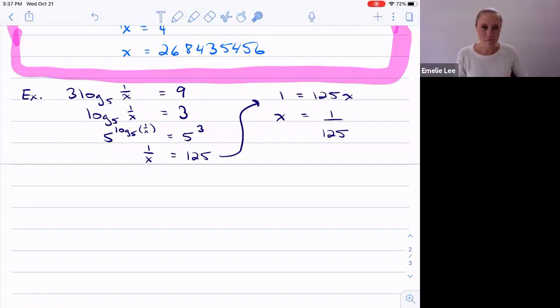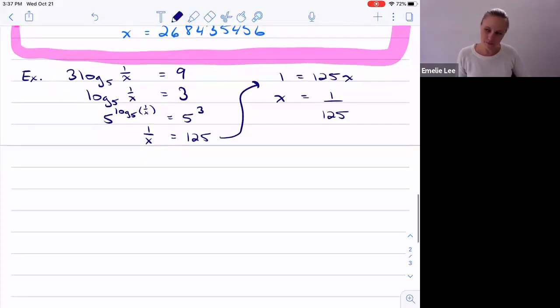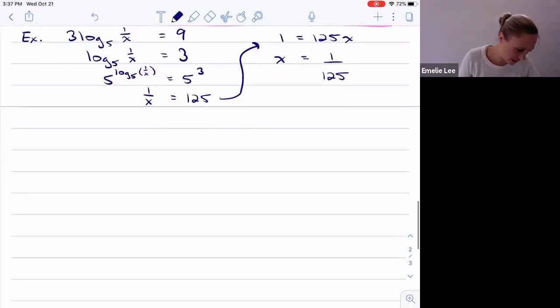Okay, so we'll do more. But for now, I'm just going to introduce the log of both sides theorem. Essentially, it says that if you have the log of the same base of two arguments, then those arguments are the same, as long as they're equal.